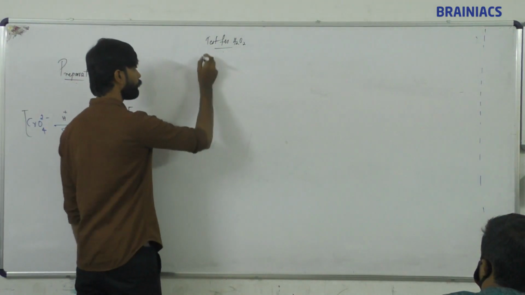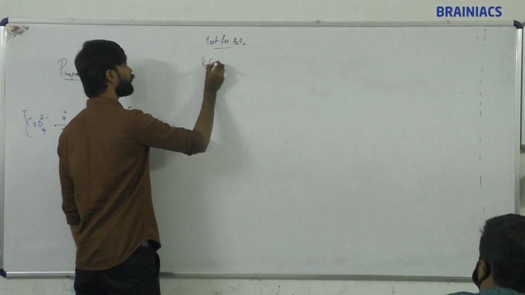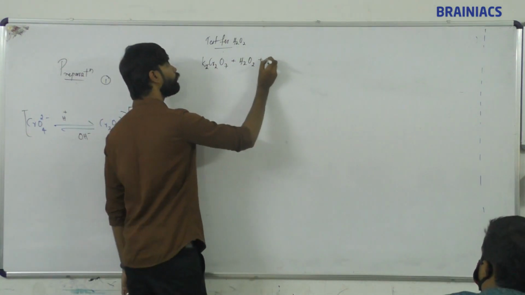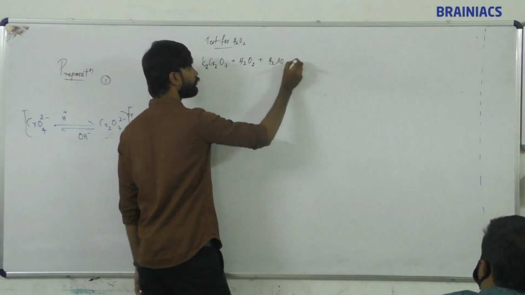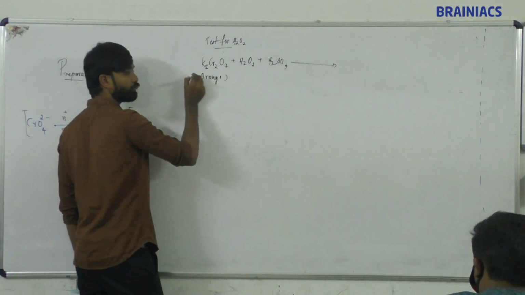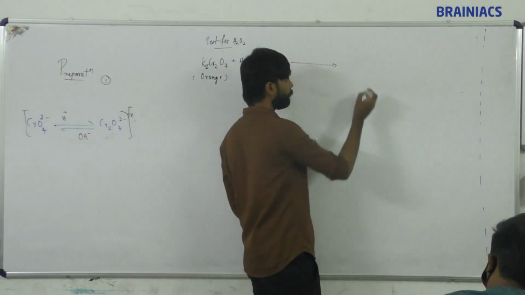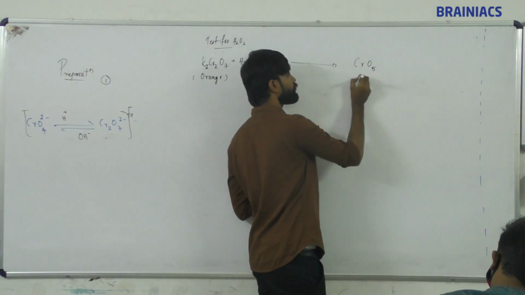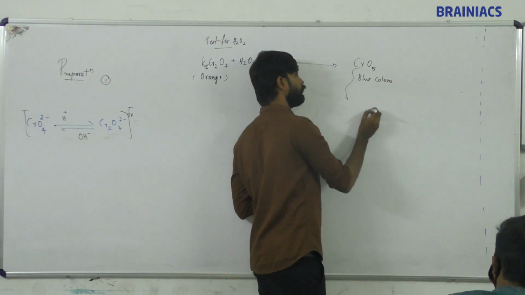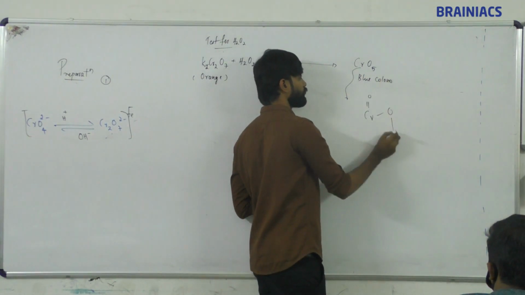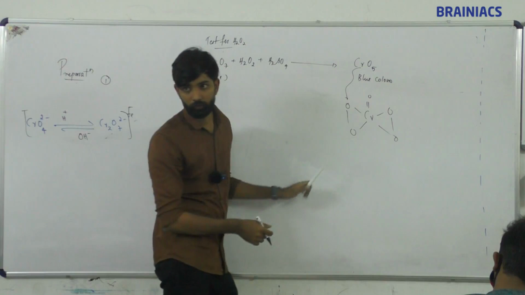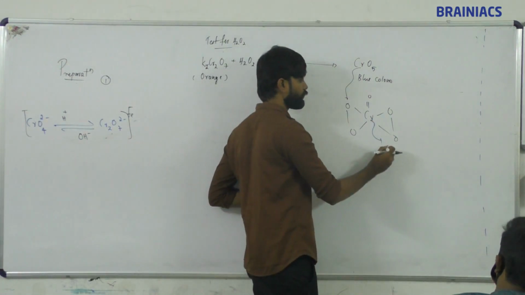We can choose a test for H2O2 in terms of K2Cr2O7. If you have K2Cr2O7 along with H2O2 and sulfuric acid, the orange colored K2Cr2O7 becomes blue colored CrO5. The structure of CrO5, perchromic acid, a butterfly structure, is discussed in redox reaction, with oxidation state of +6.